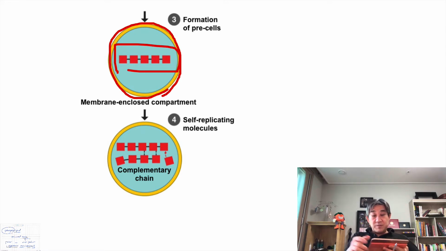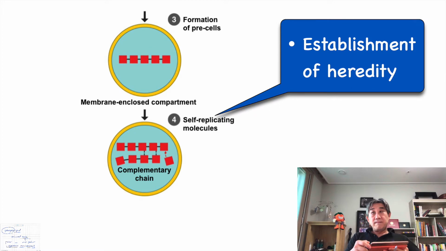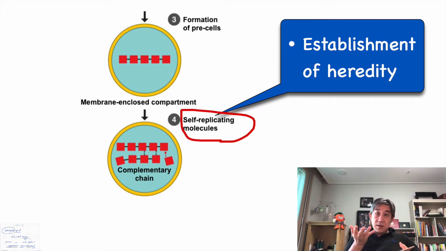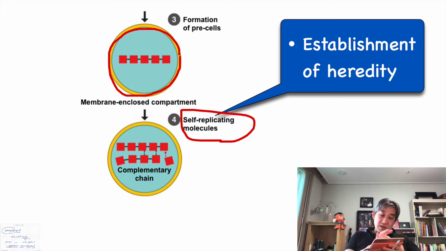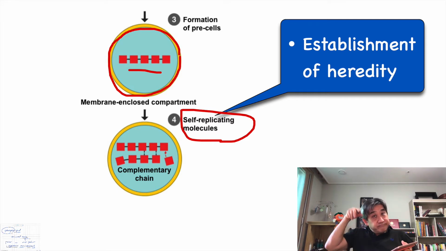We call it a self-replicating molecule. If some lucky membrane sac somehow gets to include this self-replicating molecule, then now we are talking about the establishment of genetics, heredity, and what this complementary chain means. We are going to take a look at it in a minute.